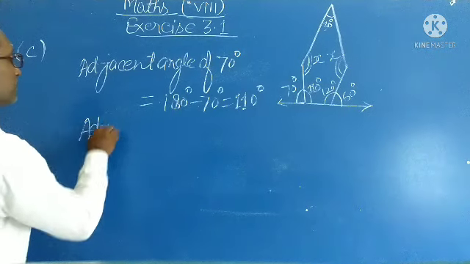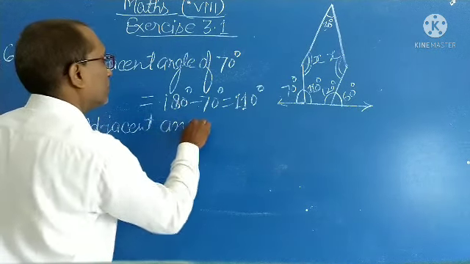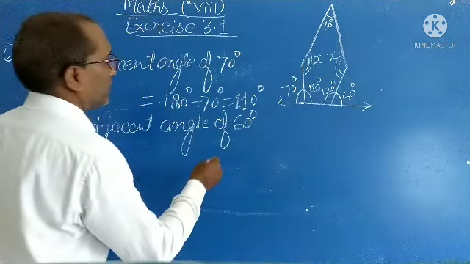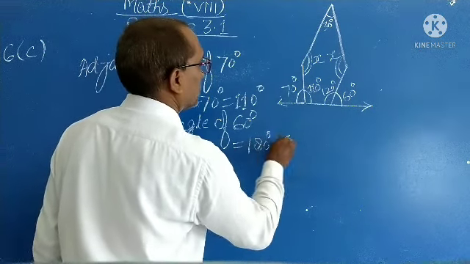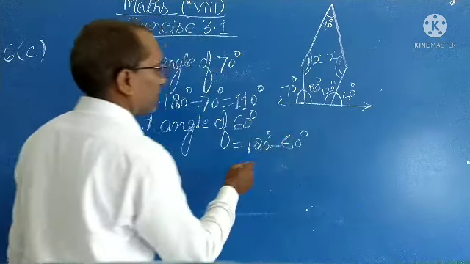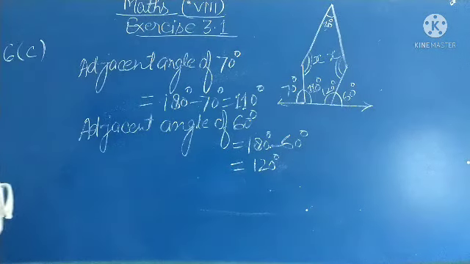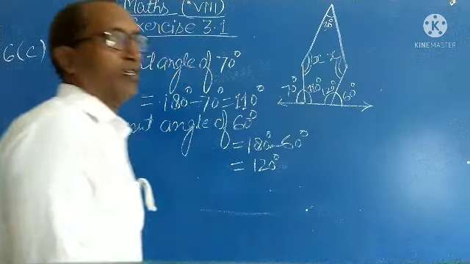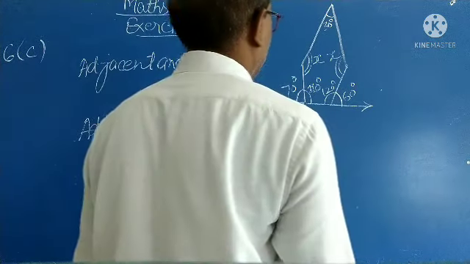Adjacent angle of 60 degree is equal to 180 degree minus 60 degree, that is 120 degree. And the sum of interior angles of the pentagon is 540 degree.